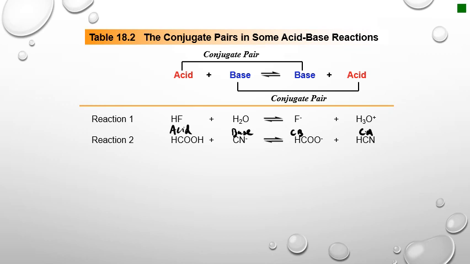Because the CN minus is reacting with a hydrogen and forming the HCN, it is increasing the concentration of the OH minus in the solution, and it's also accepting a hydrogen. So as a result of that, it would be our base, and then the HCOOH is our acid.